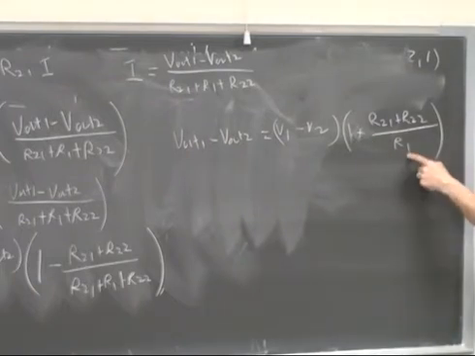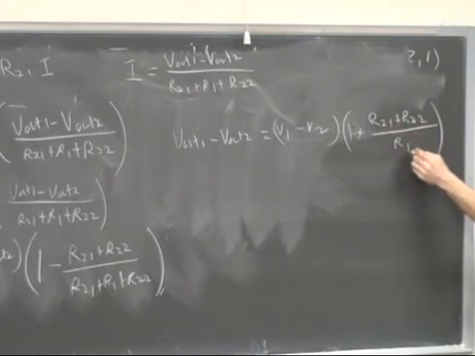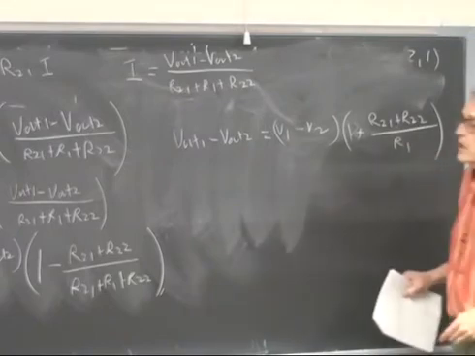Since R1 is usually pulled outside the package, this allows us to adjust the gain over a rather large range. If we just don't connect R1, then it has value infinity and the gain is 1. As we lower R1, we get a higher and higher gain.